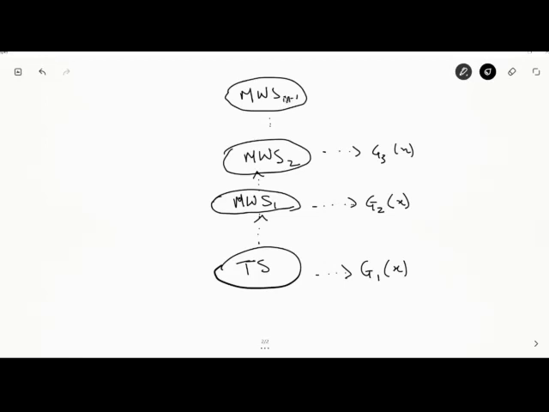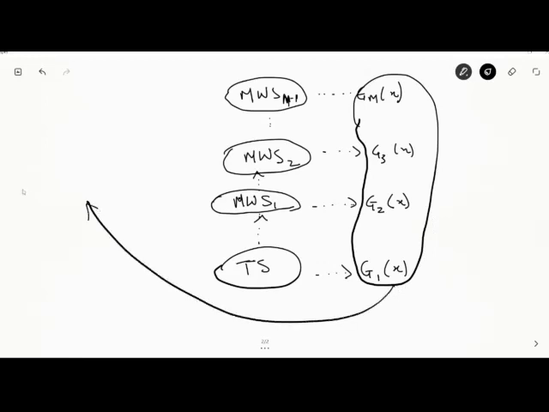This is M minus 1, and this is GM(x). Each of these weak classifiers are now fed into G(x) by the formula given in the previous discussion.